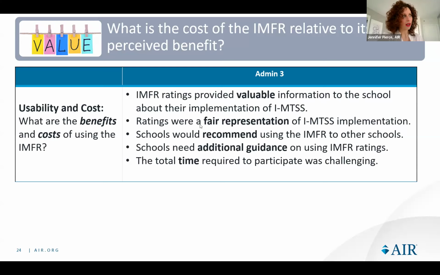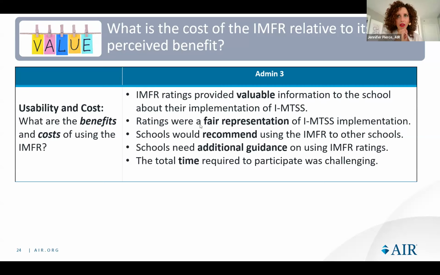Because the way that each of those 14 items are rated is a very criteria by criteria process. So for example, in tier 1, there are 3 specific research-based features that we know need to be in place for high quality tier 1 reading, math, or social emotional behavioral instruction.